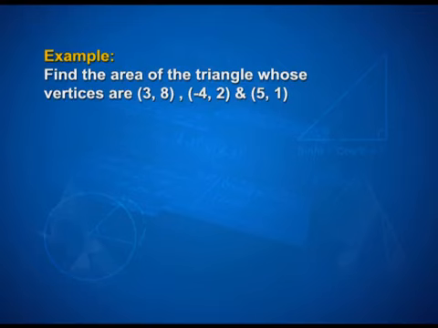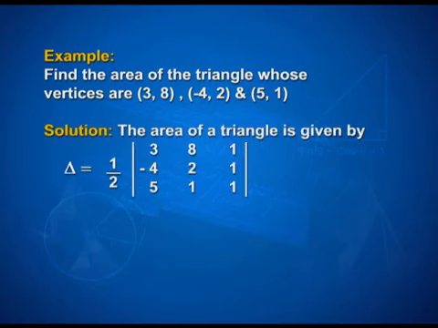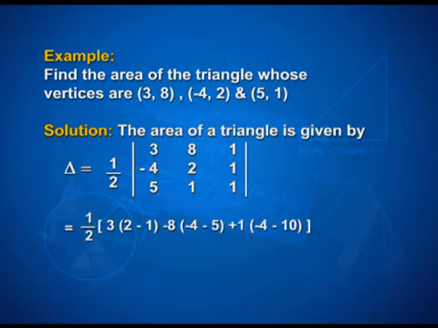Find the area of the triangle whose vertices are (3, 8), (-4, 2) and (5, 1). For the solution, as we know, the area of the triangle is given by the formula determinant is equal to half of determinant 3, 8, 1, -4, 2, 1, 5, 1, 1 can be simplified as half of 3 into (2 minus 1) minus 8 into (-4 minus 5) plus 1 into (-4 minus 10).